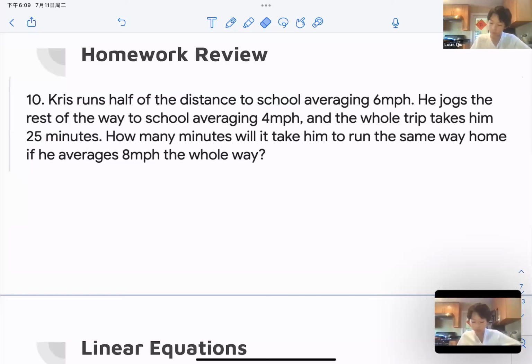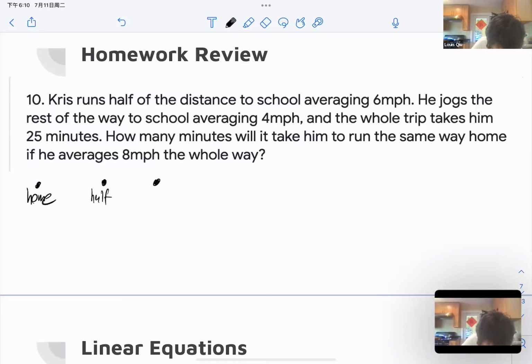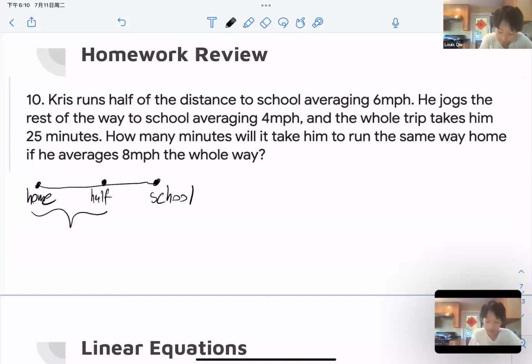For this problem, we can draw a graph. Suppose this is his house. This is the halfway point. And this is school. Suppose from home to halfway is x miles, and from home to school is 2x miles.